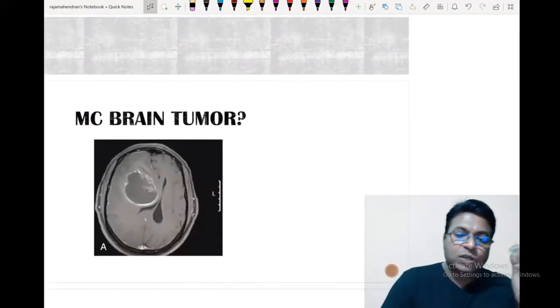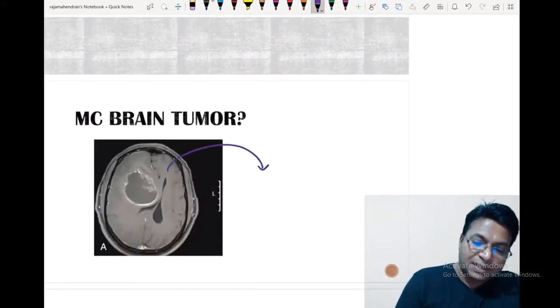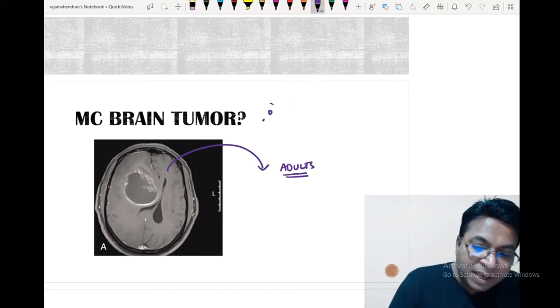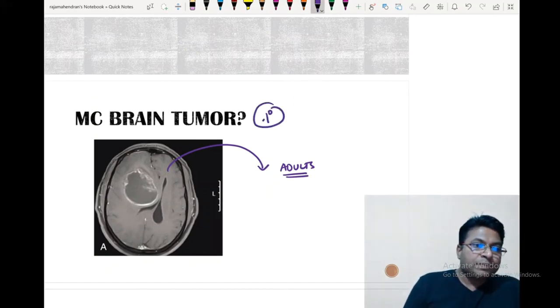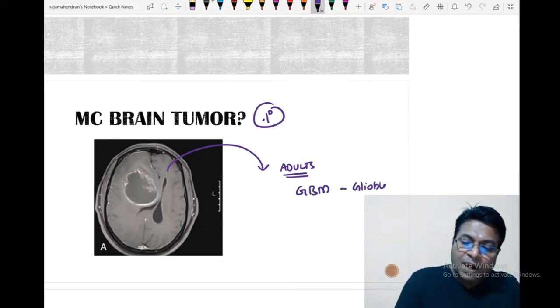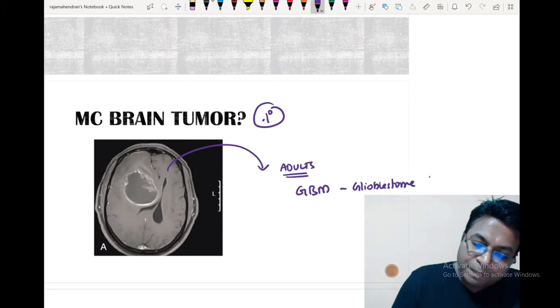What is the most common brain tumor in adults? The most common brain tumor in adults is mets. I am asking you the most common primary brain tumor. Primary brain tumor is GBM, glioblastoma multiforme.